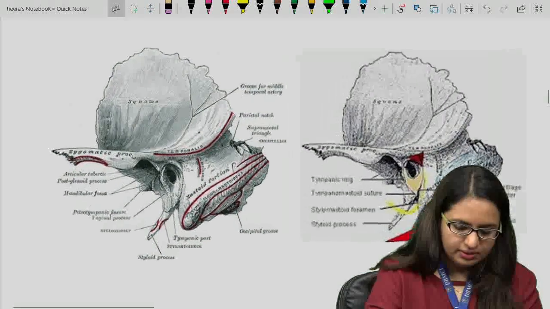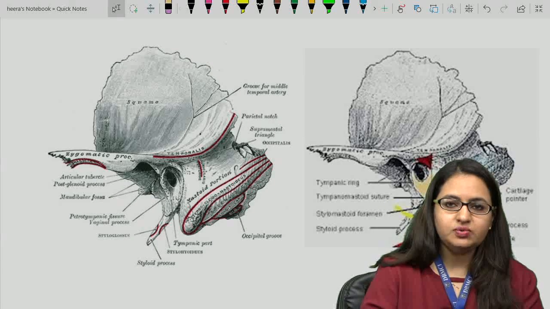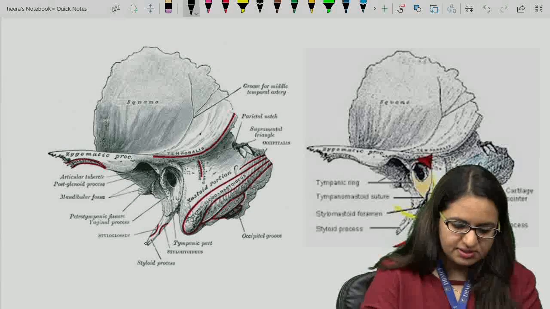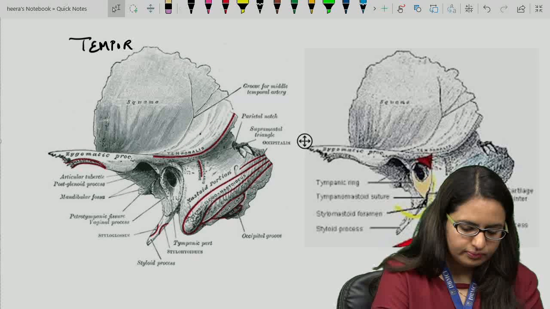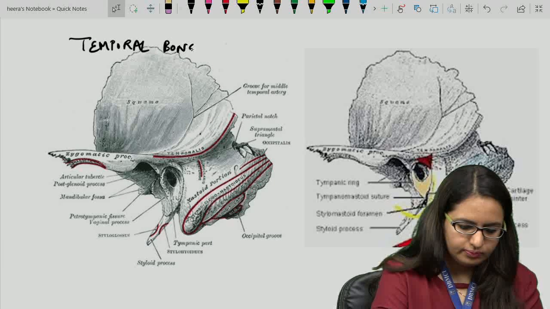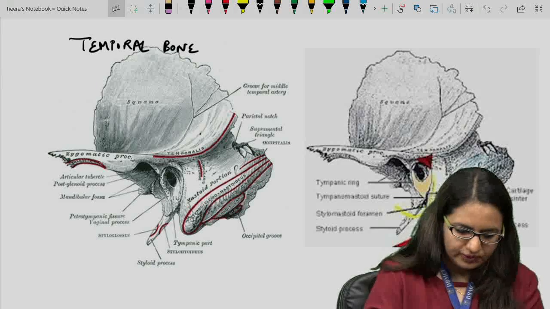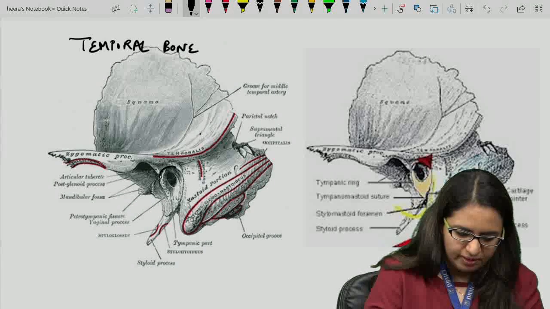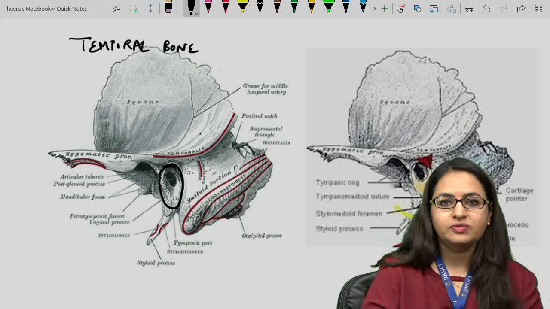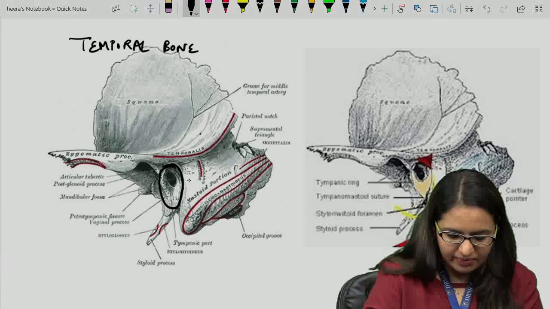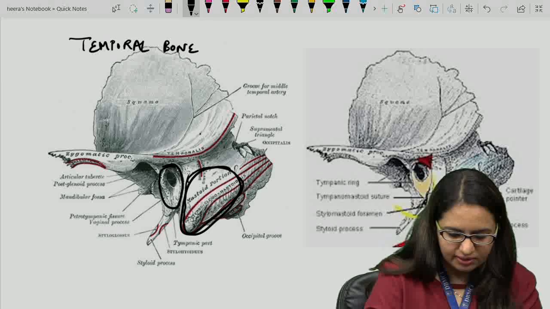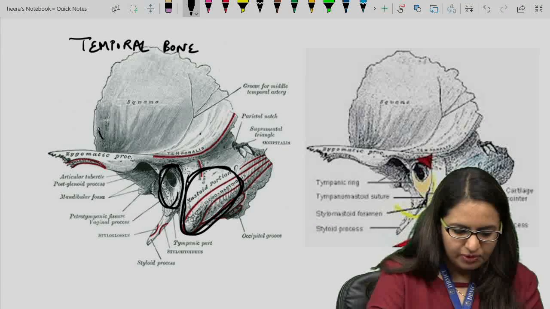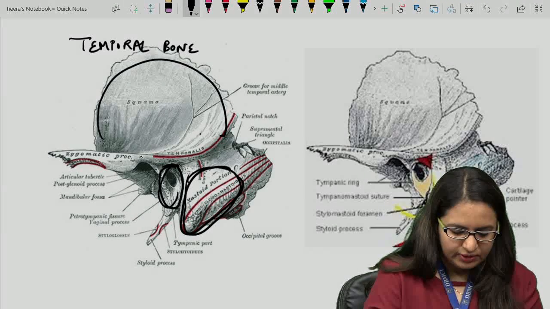First of all we will see the landmarks which are present in the temporal bone. This is the temporal bone. Over here, this is the tympanic portion and this is the mastoid portion of the temporal bone. Above we have the squamous portion.